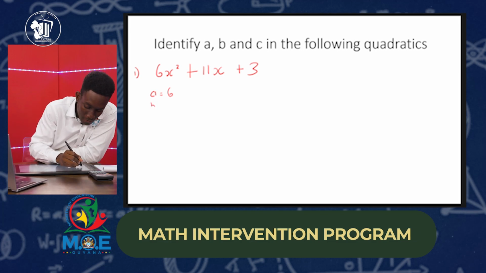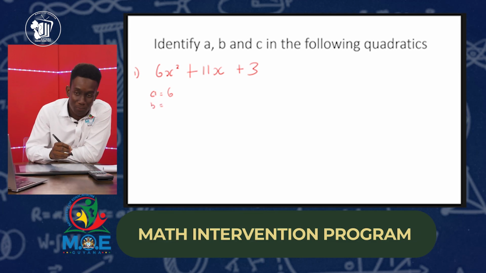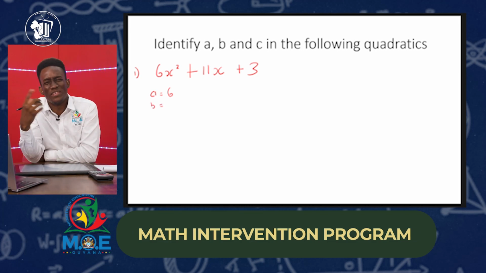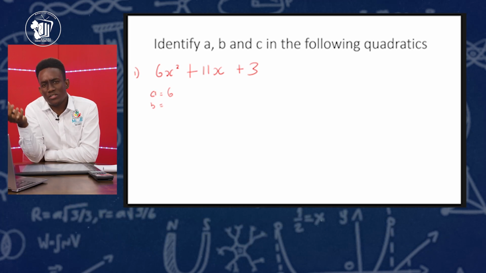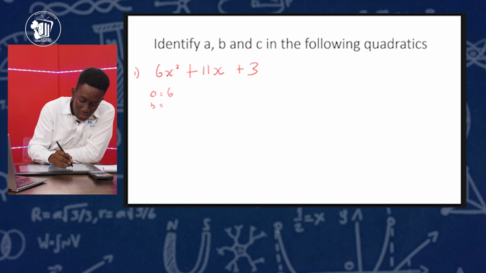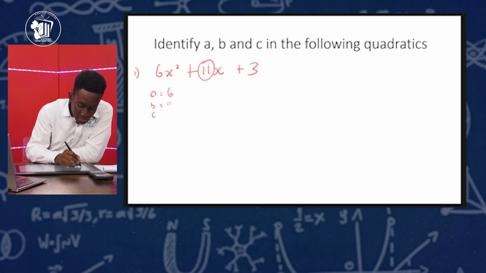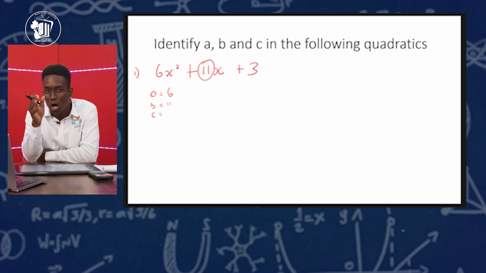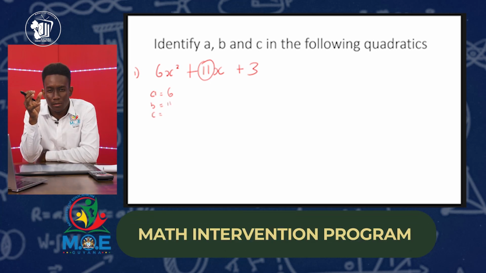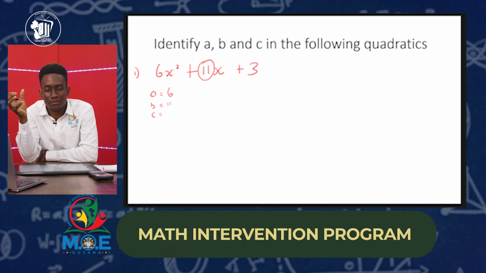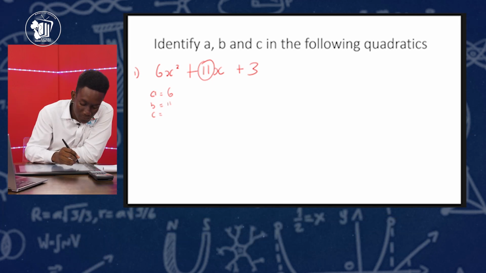Now B, in this example, would be the number in front of the x term, the coefficient of x. So in this case, B will be 11. And C would always be the number by itself, the constant, the number without any variable, without any letter. So in this case, C would be equal to 3.